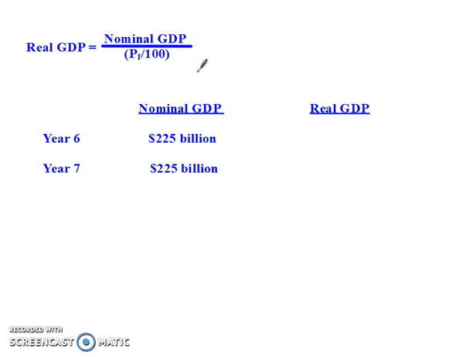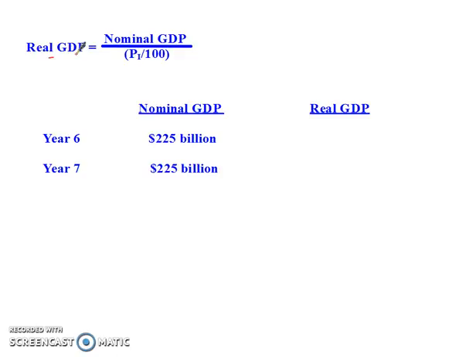The real gross domestic product is calculated by taking the nominal gross domestic product and dividing it by the price index over 100. So what we are doing is we're taking the nominal GDP, which includes in it both changes in production and changes in prices. And then we're going to divide out the price changes so that we just have the real stuff, the real production. That's what we want to focus on.